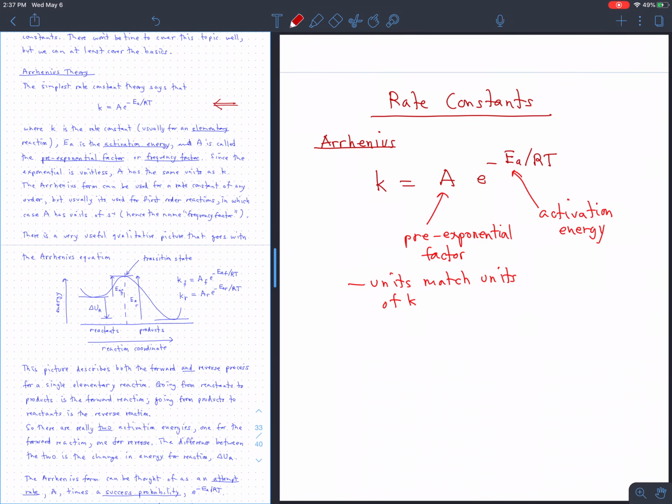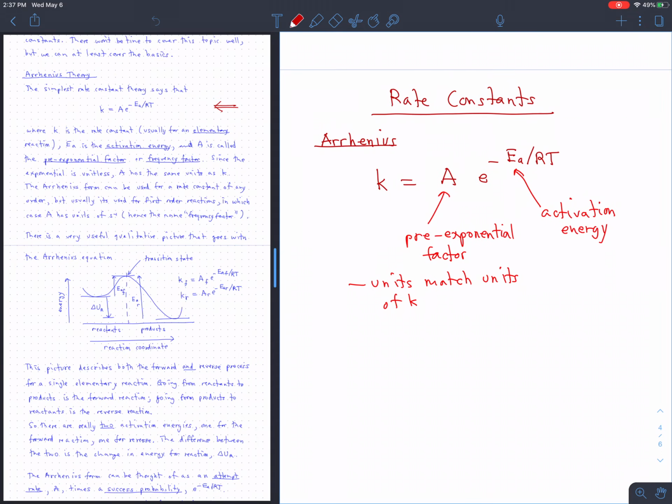Here it is. It's pretty simple. It says that the rate constant, and this holds for any type of rate constant, first order, second order, 10th order, whatever, is equal to a constant called A, which is called the pre-exponential factor, times a Boltzmann factor, really, a probability factor, whose value is controlled by this energy called the activation energy.